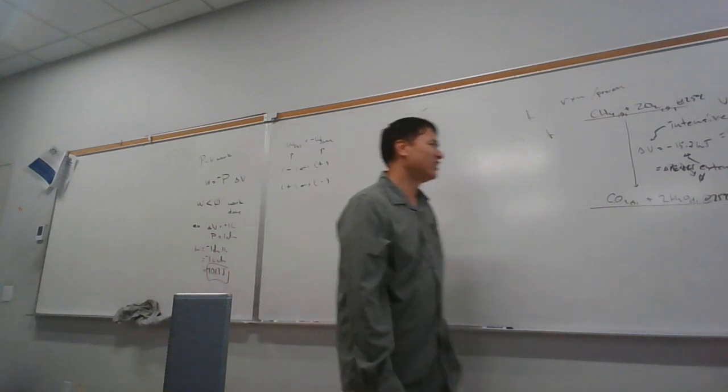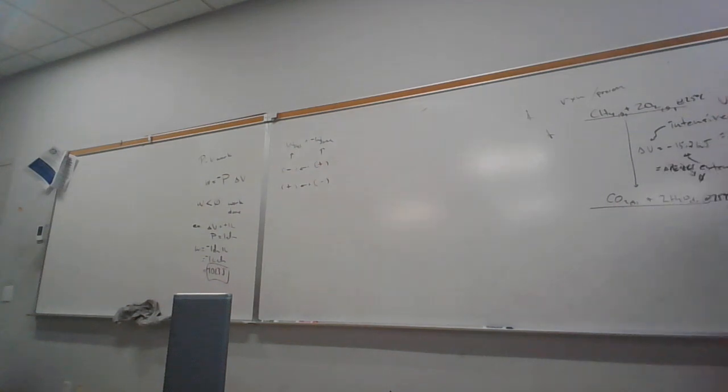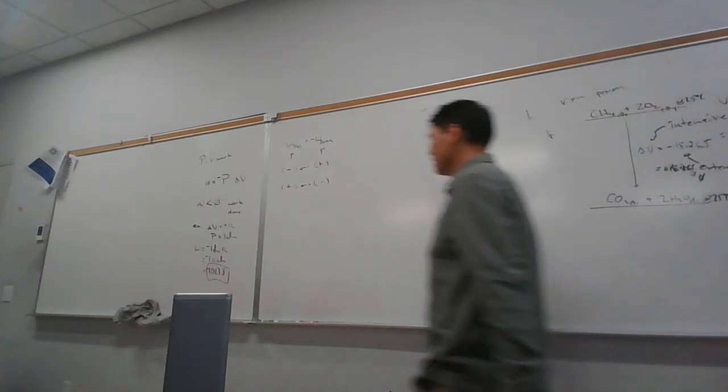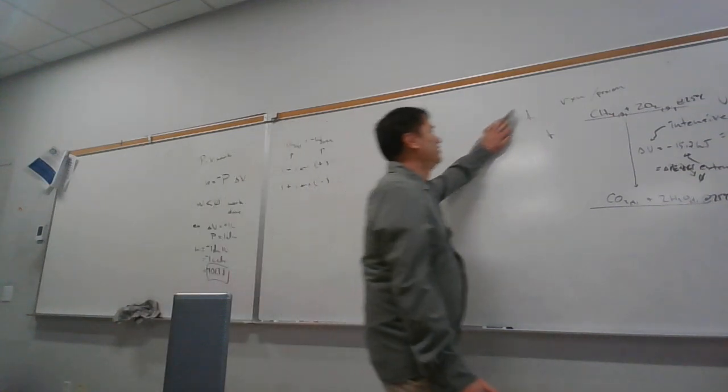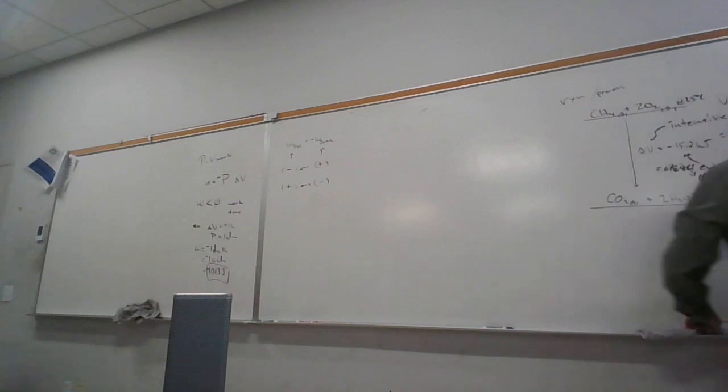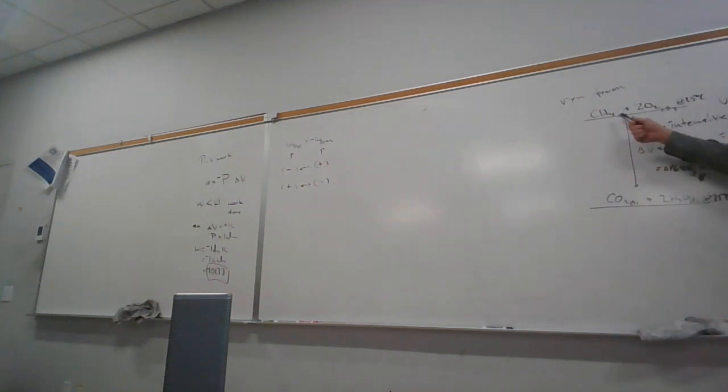In the second example here, we have to look at the volumes now. If we look at the volume here, 1 mole of gas at 25 degrees C, so 1 mole of methane at 25 degrees C occupies about how many liters?